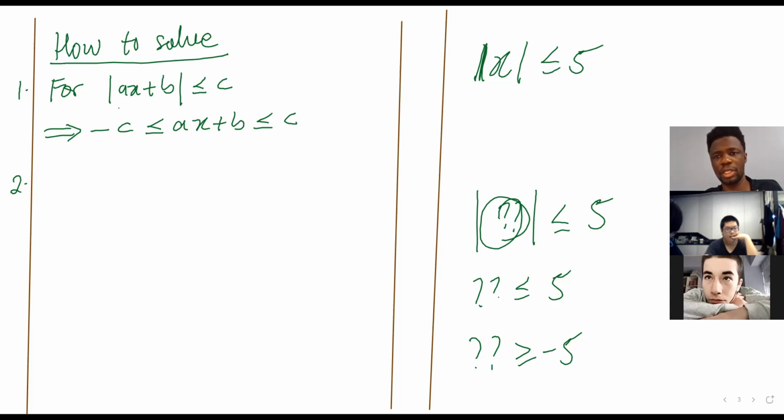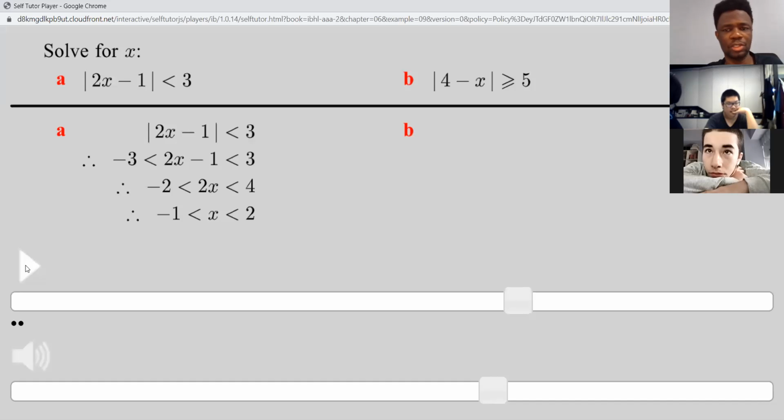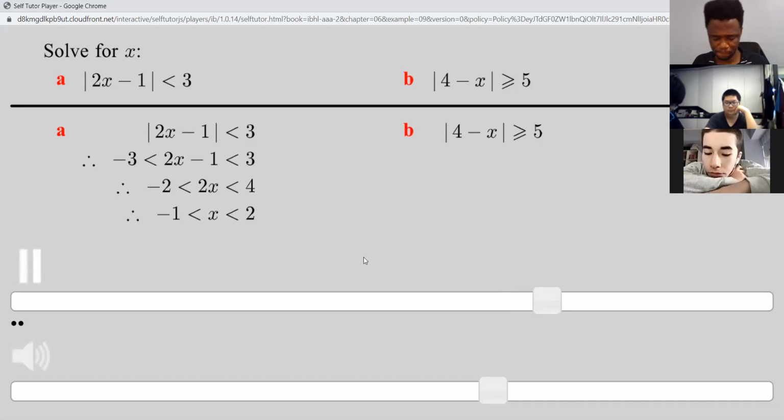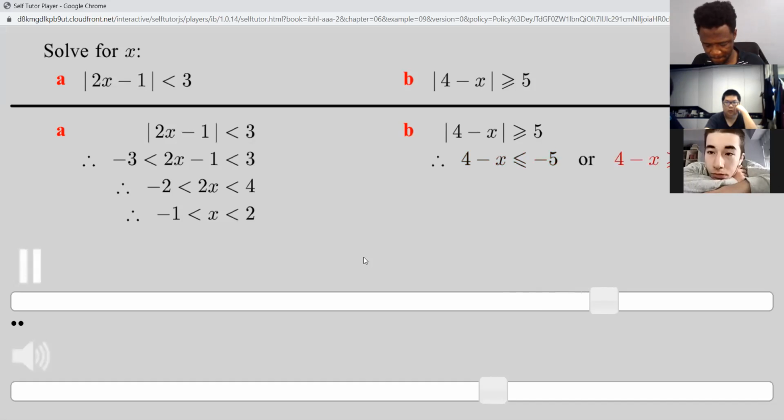Let's look at the example. Then after that, I will give you summary notes. Can you see the screen again? Yeah. Okay. In part B, the distance from 4 minus x to 0 is greater than or equal to 5. So 4 minus x could be minus 5 or less, or else it could be 5 or more.